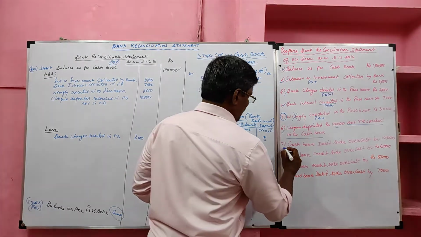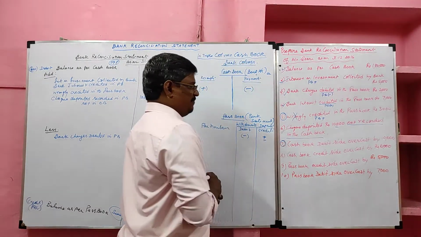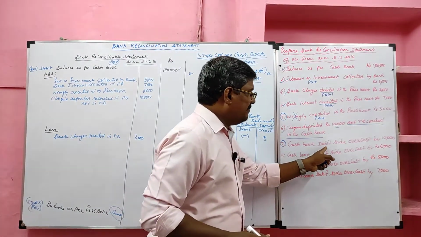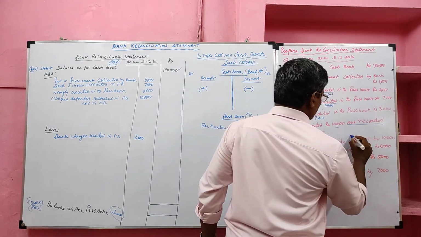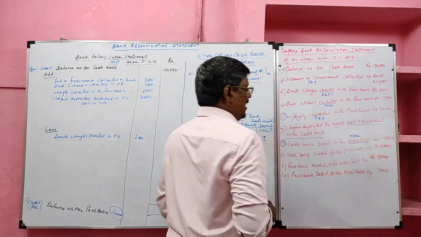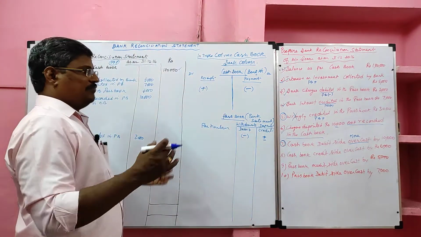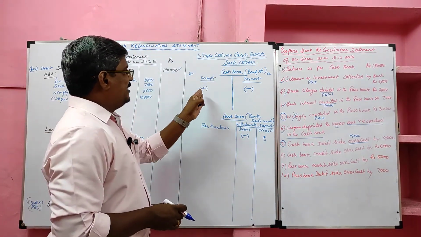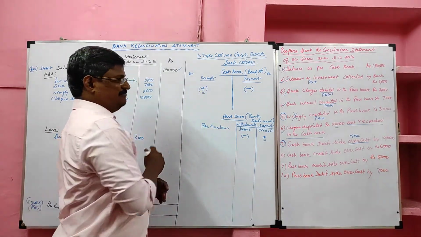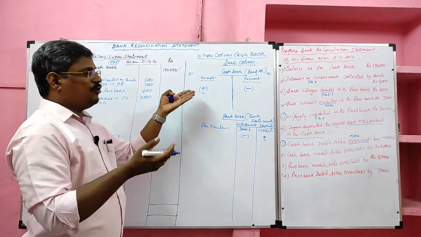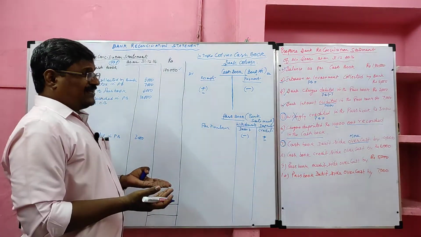Next, very very important. Cash book debit side overcast. Cash book debit side overcast means more. More means what they did? Added. It was added.